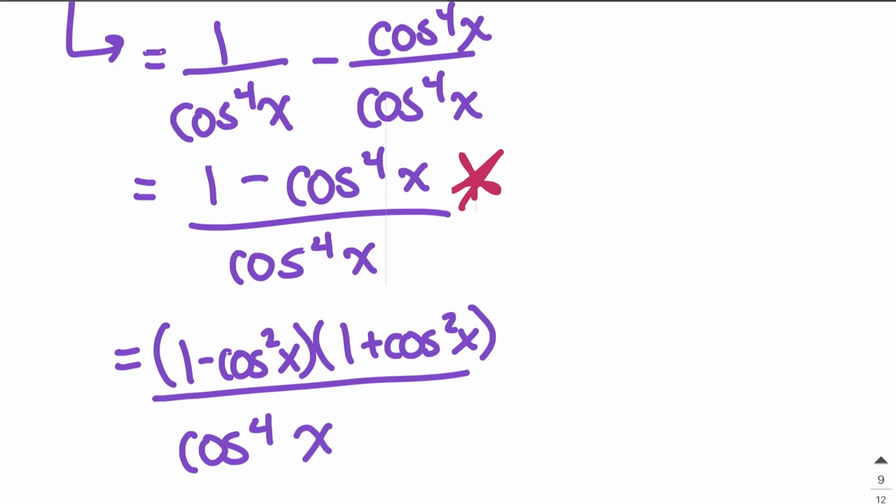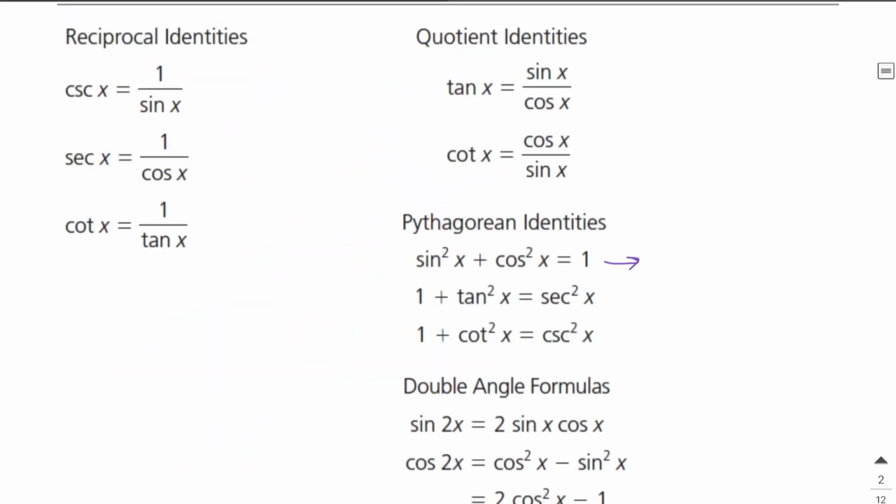Now, we should see that this is familiar to us, because 1 minus cosine squared x is what sine squared x is. So here I can replace 1 minus cosine squared x with sine squared x.